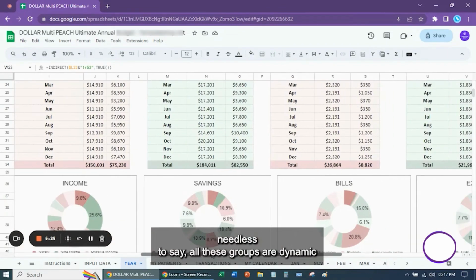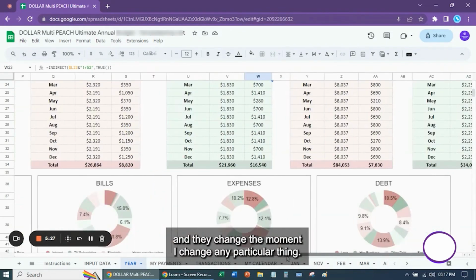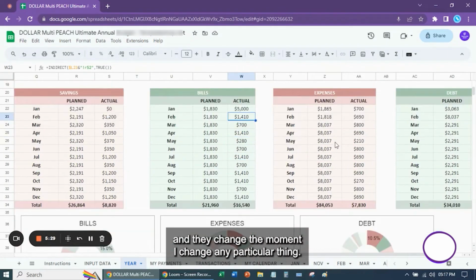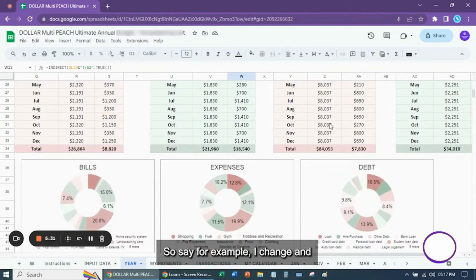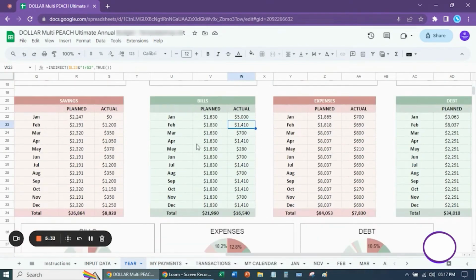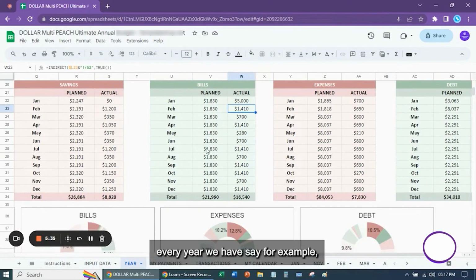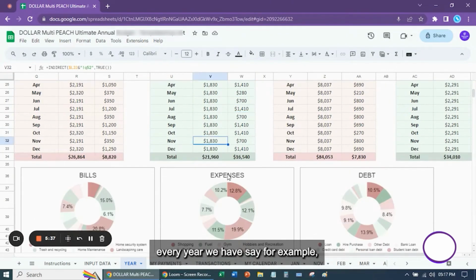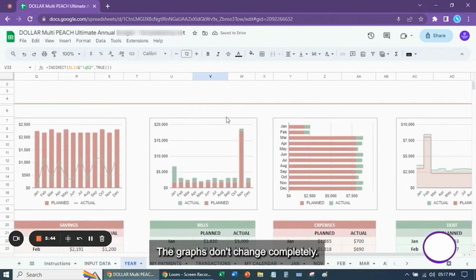Needless to say, all these graphs are dynamic and they change the moment I change any particular thing. So say for example, here we have 1830, I make it 18,000. The graphs change completely for November. Do we see this? Absolutely.